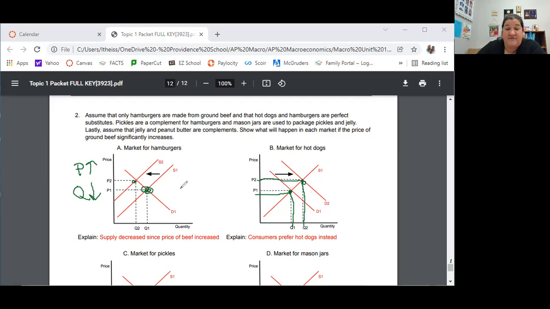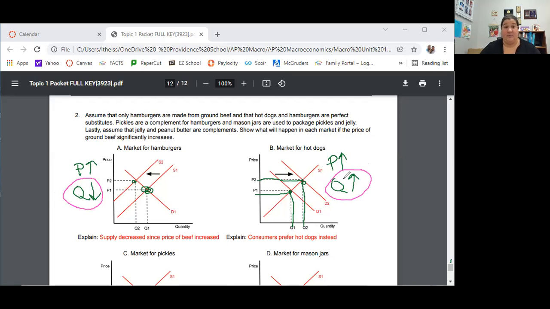I know what happened to price when I shifted supply, price increased. When I shifted demand, what happened to price? Price still increased. But what happened to quantity? Quantity increased. So which one has conflicting data? The quantity is conflicting because in my supply shift, the quantity decreased, but in my demand shift, the quantity increased.